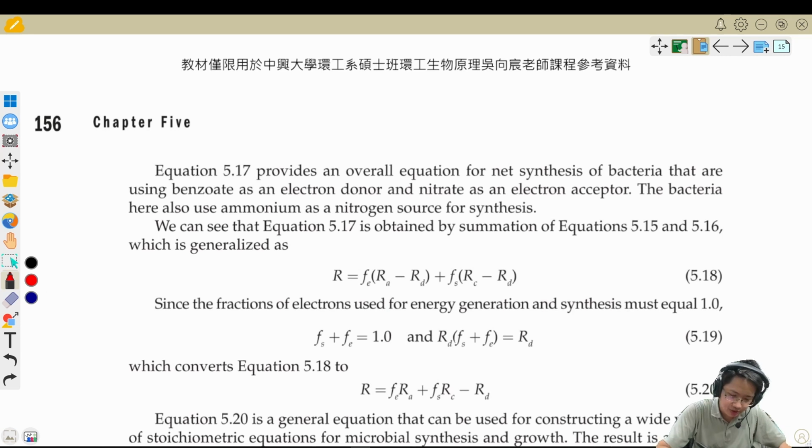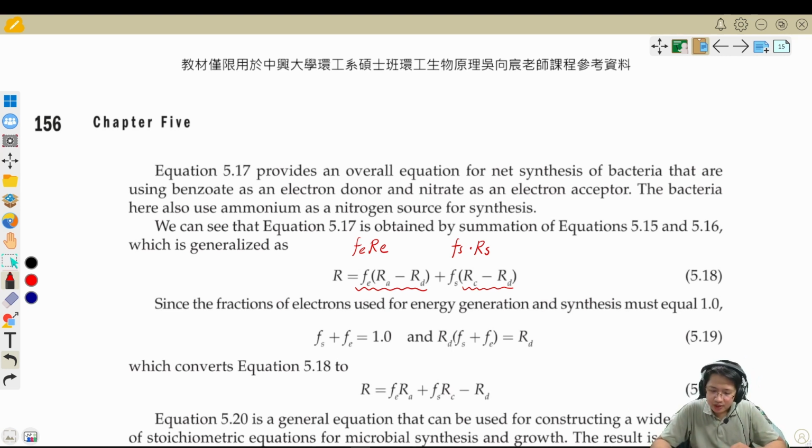So we move to the next page here. What we saw just previously is how we can combine those three core reactions. One is oxidation, and another one is reduction. Those two half reactions combine together to get the Re times Fe, and here we also combine another two half reactions that come from cell synthesis and the electron donor, that is the Rs and times the Fs here.